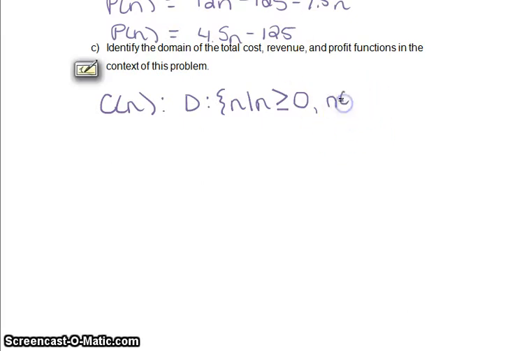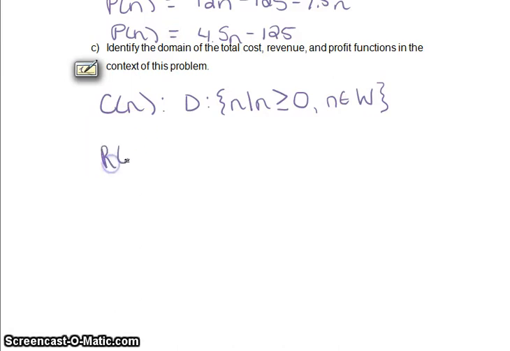If you were to graph this with really big numbers, you could, in theory, label this as x is an element of all real numbers, but you also can't have half of a shirt sold. So we can label this as N is an element of whole numbers, which represents 0, 1, 2, 3, 4, 5, and so on. So it's greater than or equal to 0, and it's whole numbers.